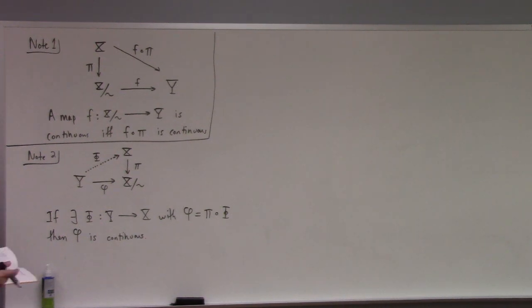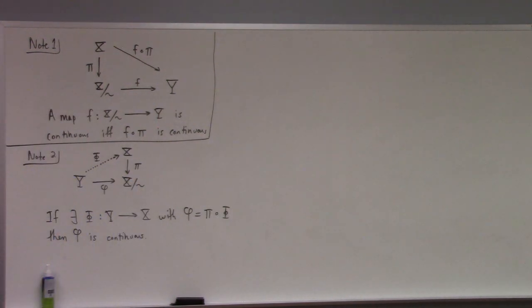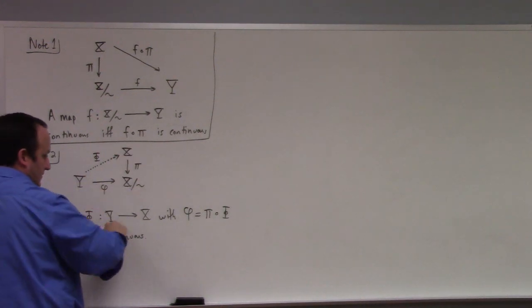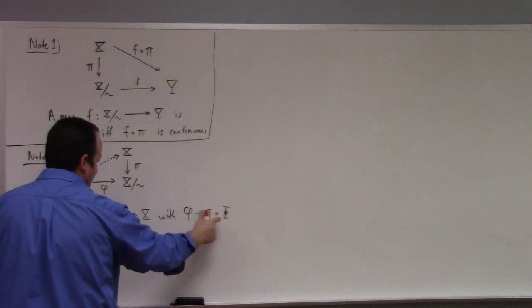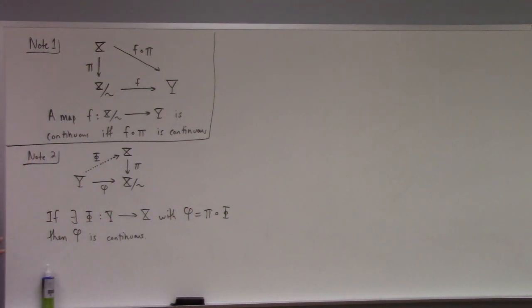Let me put the local version of that picture next. He's like, okay, so if there's a global big phi like this that composes with pi to give you back little phi, then that makes phi continuous. That's one thing we can do.